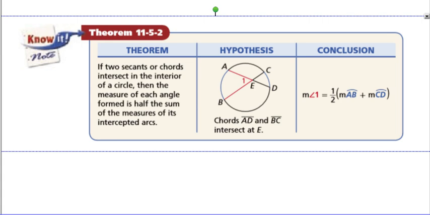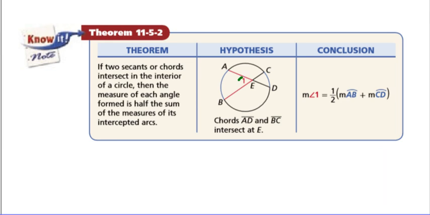Hypothesis: AD is a chord, CB is another chord, intersecting at point E, so angle 1 or the opposite angle equals half the sum of the measures of AB plus CD. Conclusion: the measure of angle 1 equals half the sum of arc AB plus arc CD.